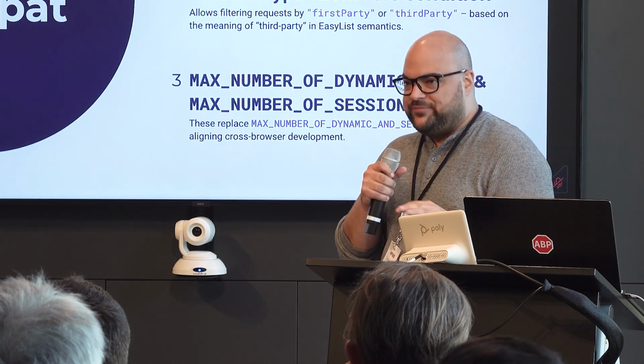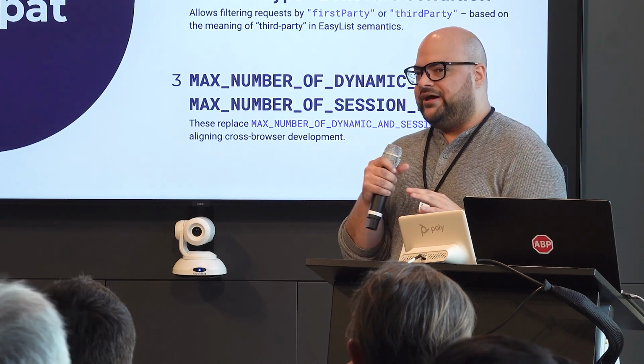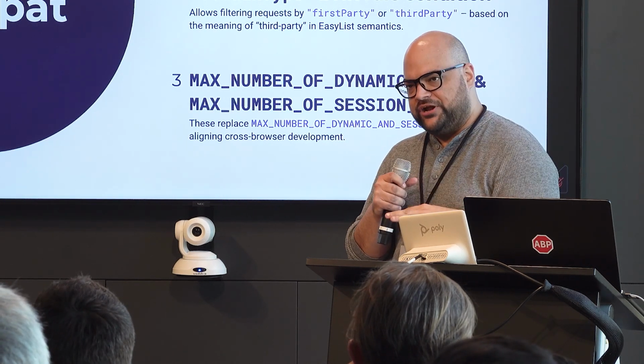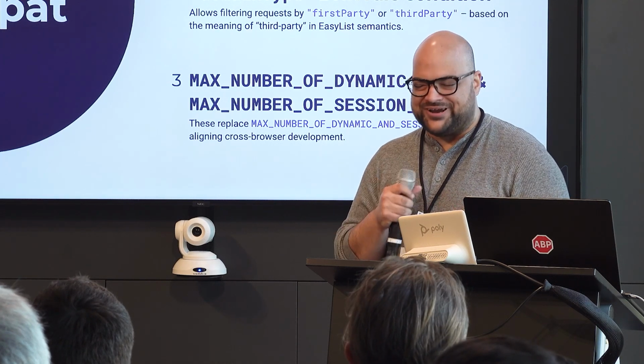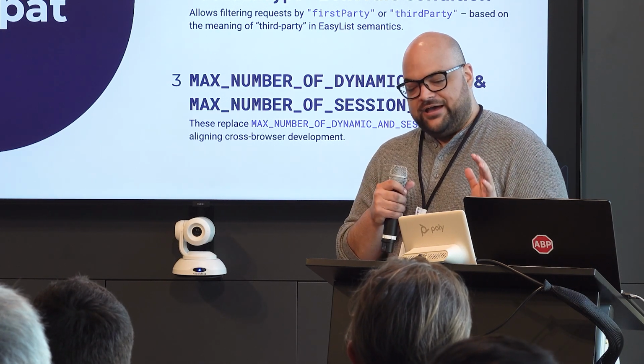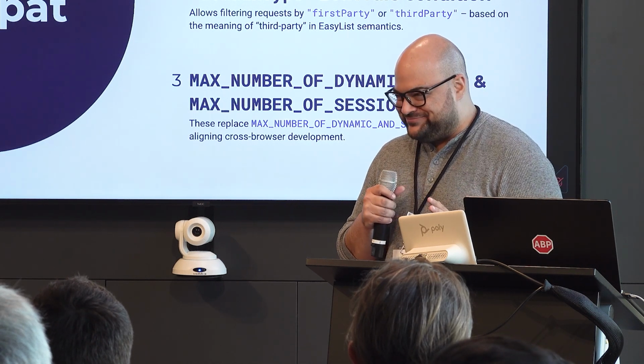Next up, domain type. This allows a rule to target a first-party request or a third-party request using EasyList semantics. So this should basically work as expected for everybody, and hopefully everything is working as expected there.